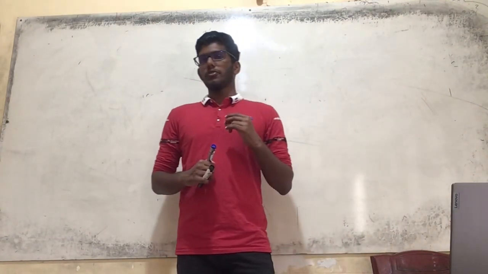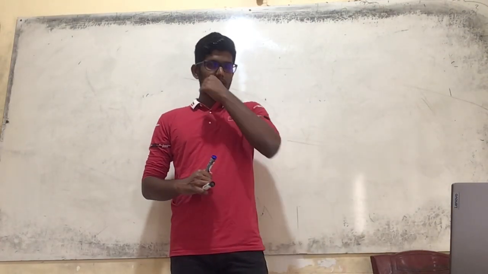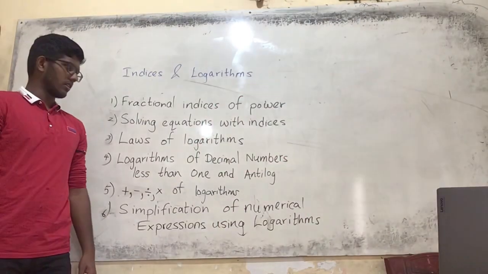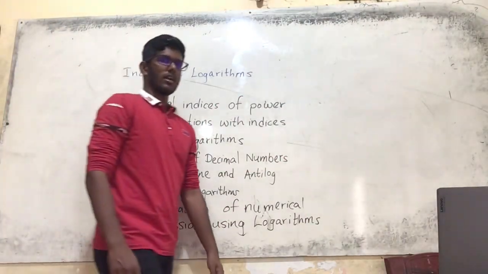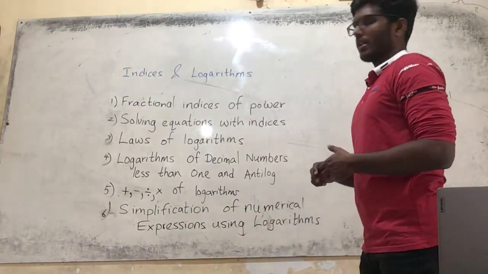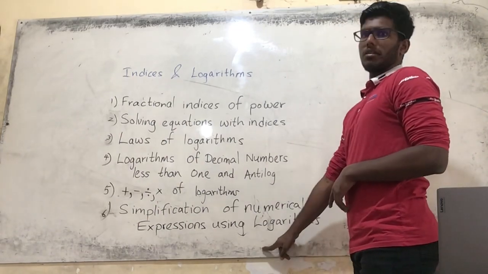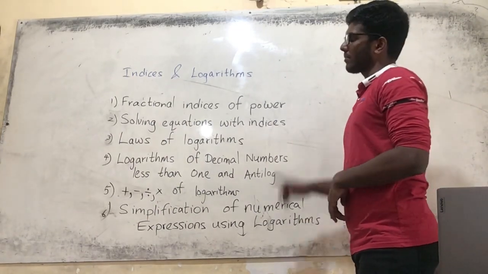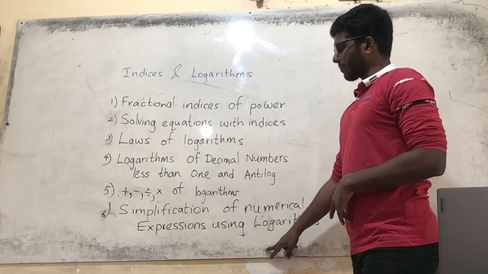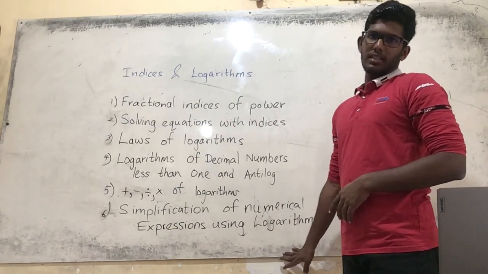In a few minutes, I'll be putting the headings on the board. We are going to discuss this lesson under these 6 sections. In your O-level textbook you have a calculator part as well, but I am not covering that in this video because that part is only 2 pages; you can read it and understand it very well.